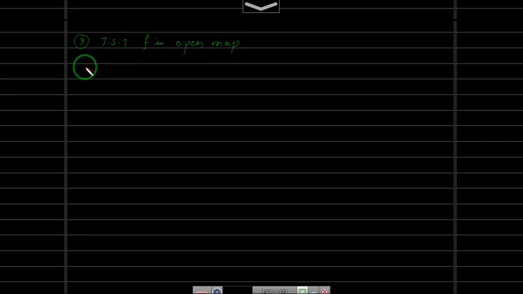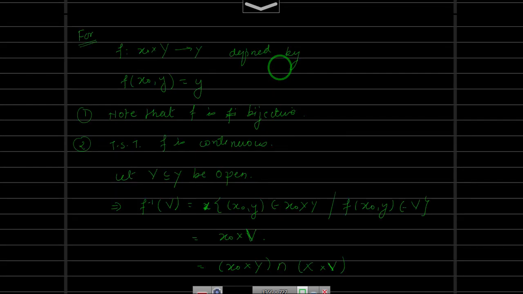So let us take x naught cross W to be open in x naught cross y, our domain. So if you take an open set in x naught cross y, it will be of the form x naught cross W, where W is open in y.